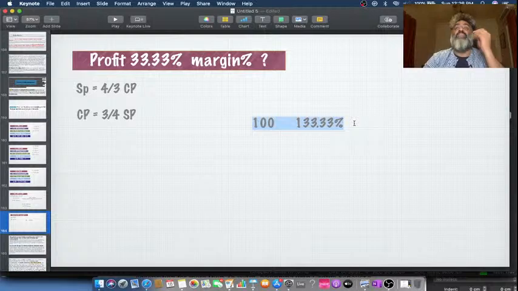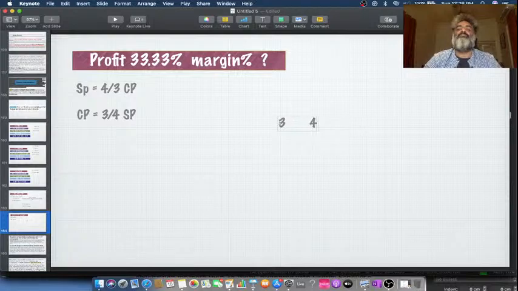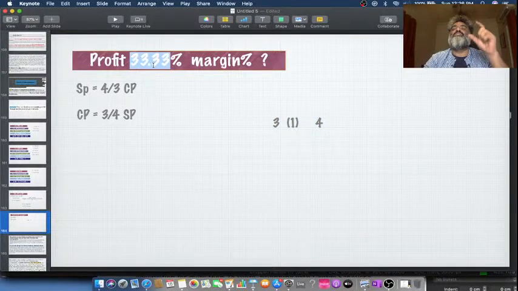Or if there is clarity in fractions, you can think of this as 3 and 4. Something worth 3 rupees, you're selling at 4 rupees, the profit would be 1 by 3, which is 33.33%. The profit is 1, you just have to do 1 by 4, right? So the shortcut could have been, think of the profit percentage 33.33, you get 1 by 3.